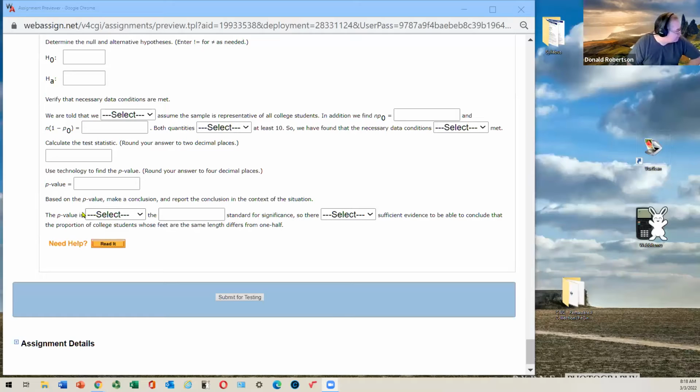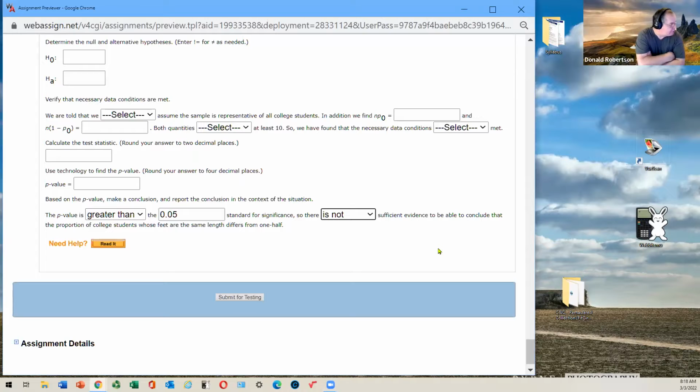I think it's easier if I just fill it in than to write it down. That way you can kind of see what all the choices are as well. So here we go. The p-value is, that's this guy, greater than the 0.05 significance level, the alpha. So there is not sufficient evidence to conclude, and you're finished.